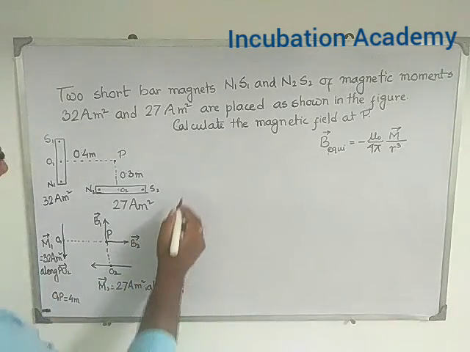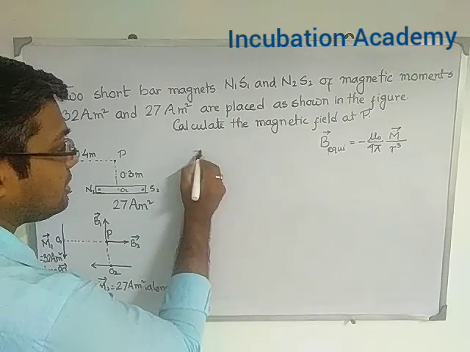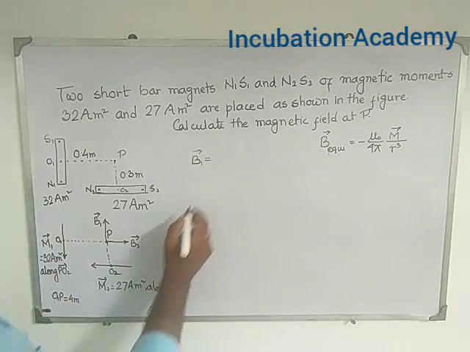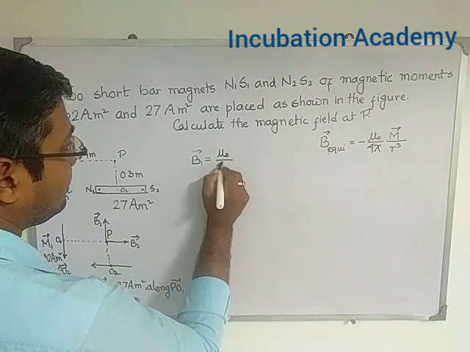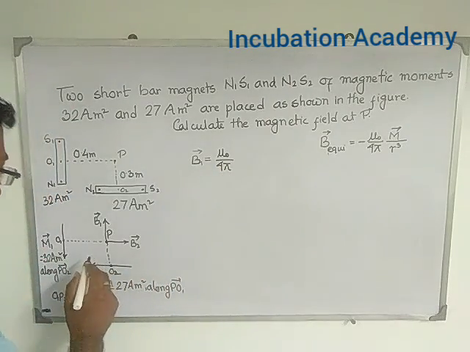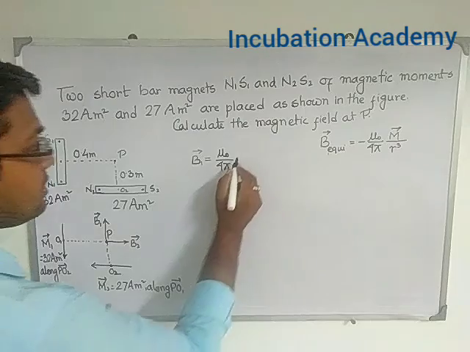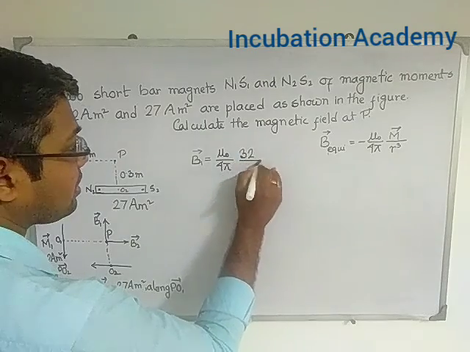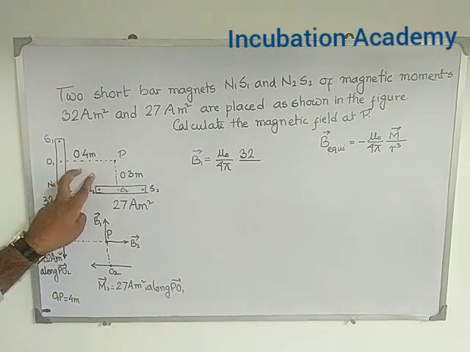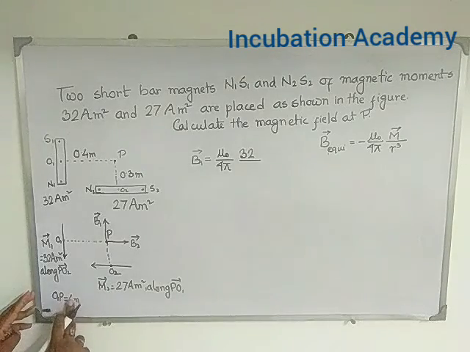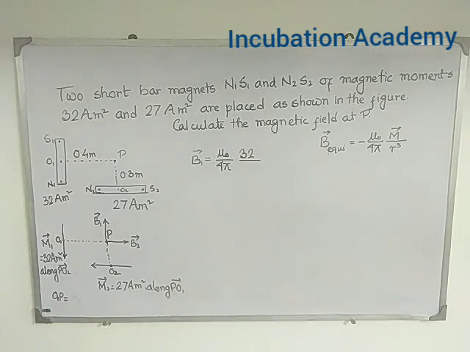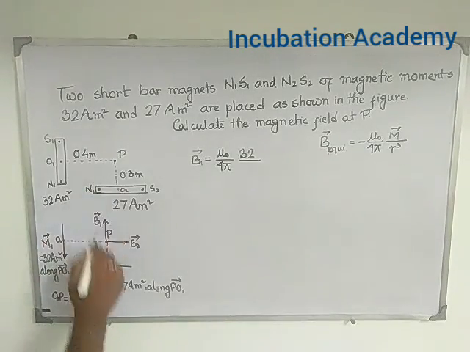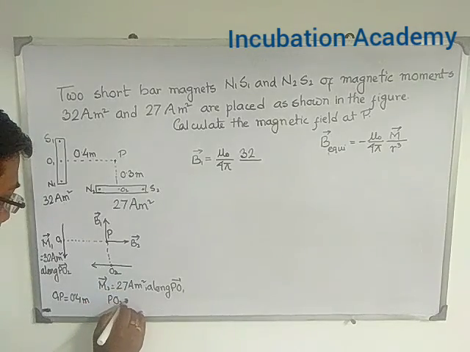So what is B1? Let us write what B1 is. B1 is equal to mu naught divided by 4 pi, M1 is 32, divided by the distance. Here the distance, sorry, is 0.4 meter, and this distance PO2 is 0.3 meter.